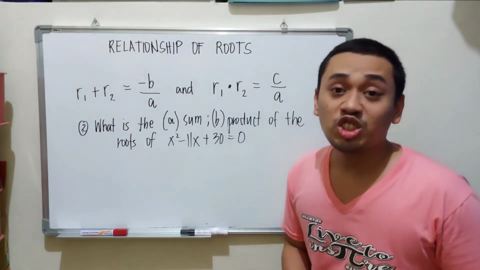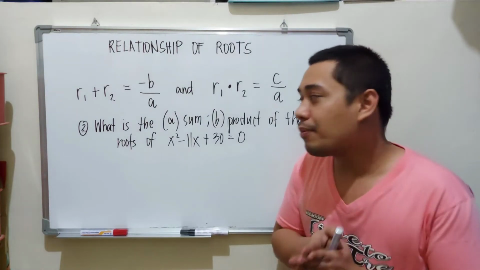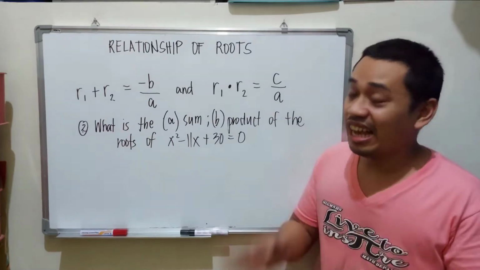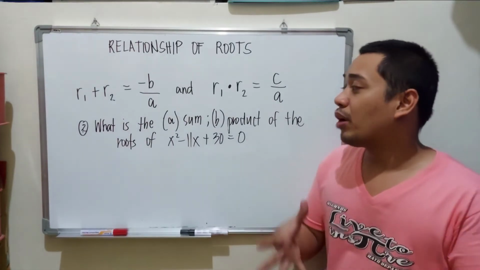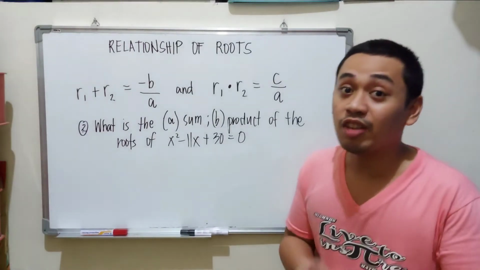So for our question number 2, it involves the sum and product of roots. Ang sabi dito, what is the A, the sum, and B, the product of the roots given x squared minus 11x plus 30 equals 0.